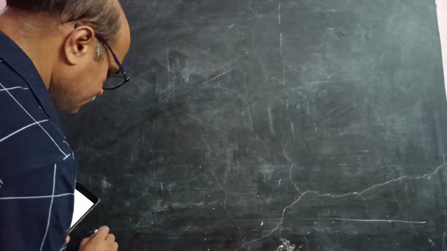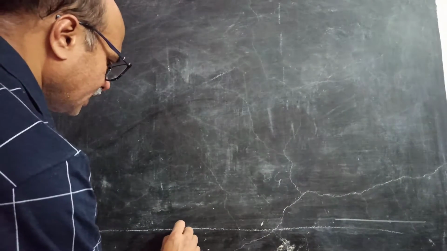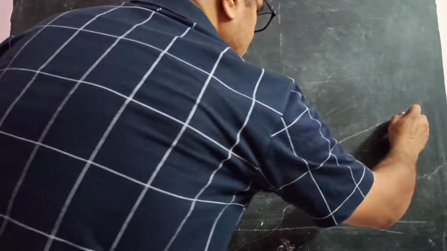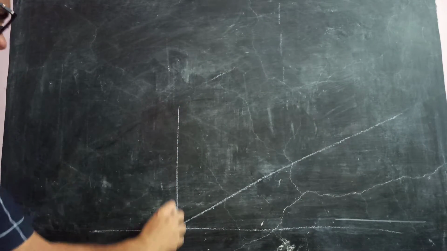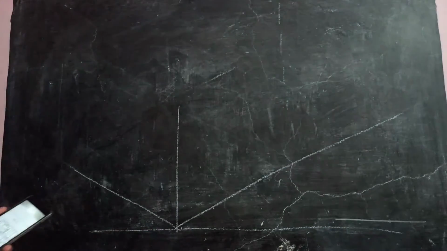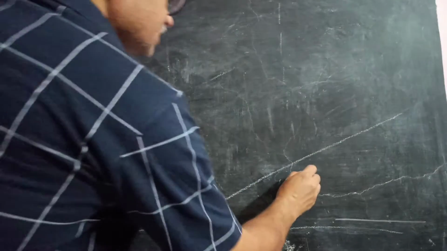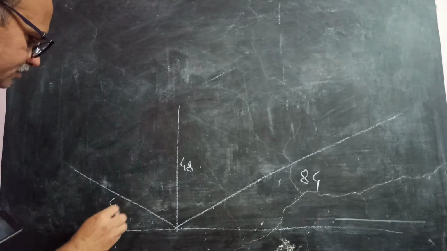So the box you will draw will be at 30 degrees. This is 84, this is 48 and this is also 48. So this is 84, 48 and 48.